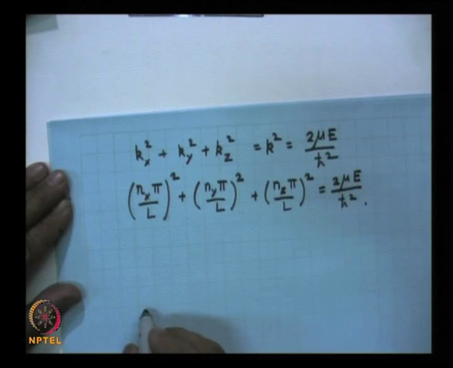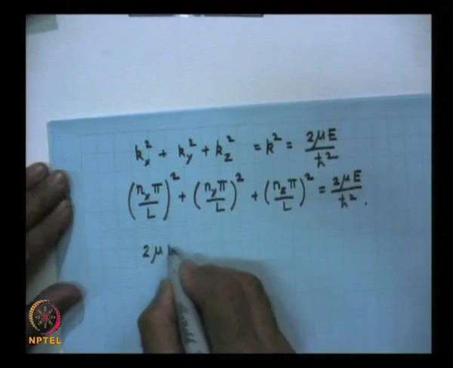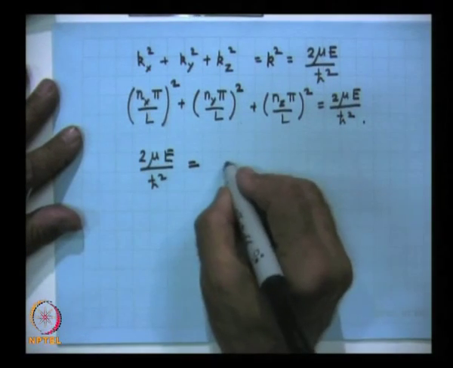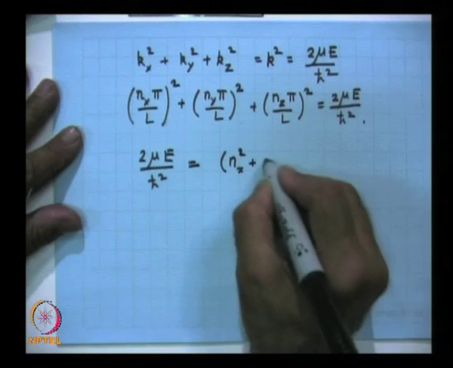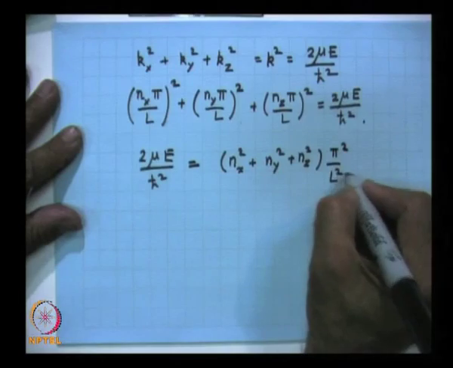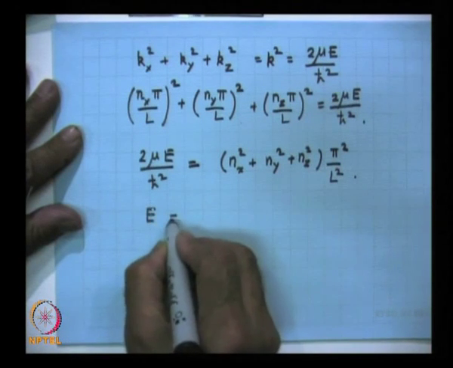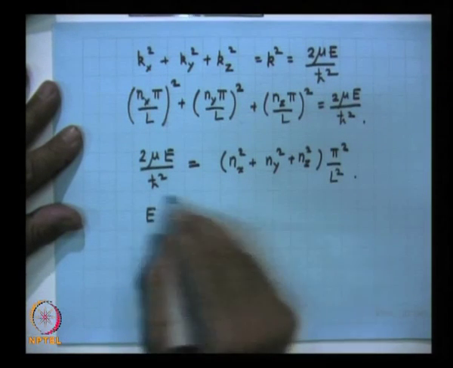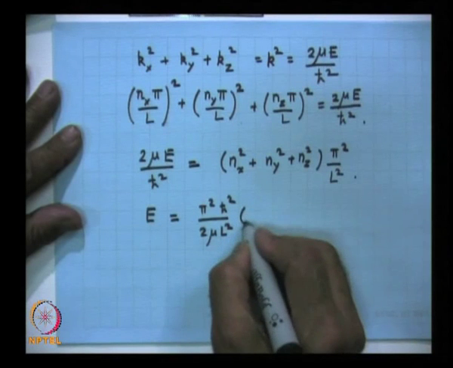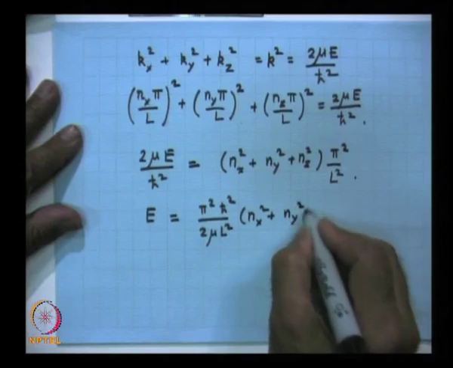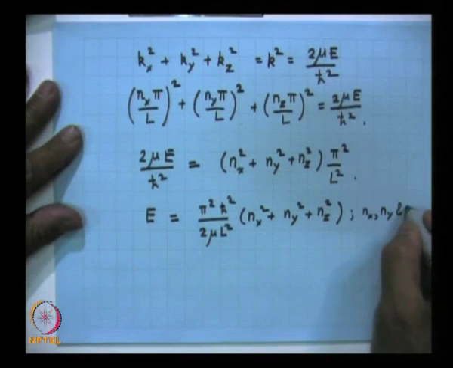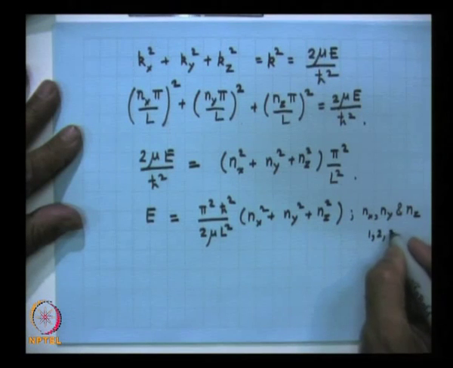So, I bring it to the left hand side: 2 mu E by h cross square is equal to n x square plus n y square plus n z square times pi square by L square, and we get the remarkable result that the energy levels are discrete: E equals pi square h cross square by 2 mu L square times n x square plus n y square plus n z square, where n x, n y and n z can each take the values 1, 2, 3, and so on.